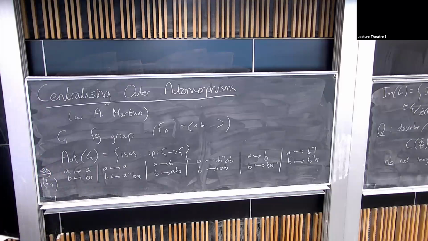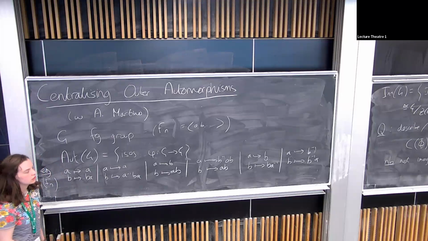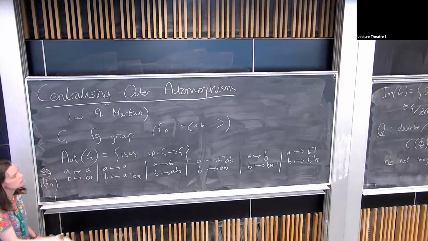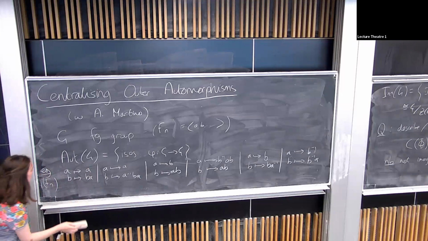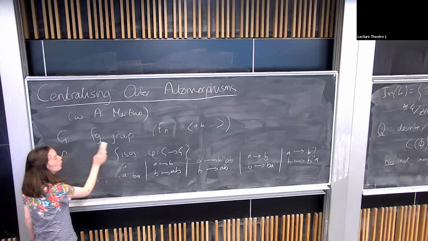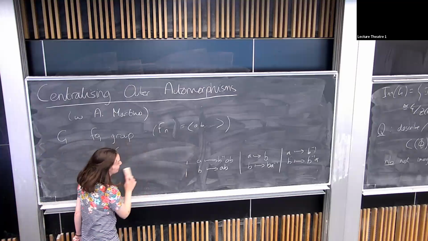So I'm just going to crack on and say what the theorem statement is, and then not read my theorem statement. After that, I'll talk about some of the pieces that go into my proof, me and Armando's proof, as well as the proofs of some of the other bits.